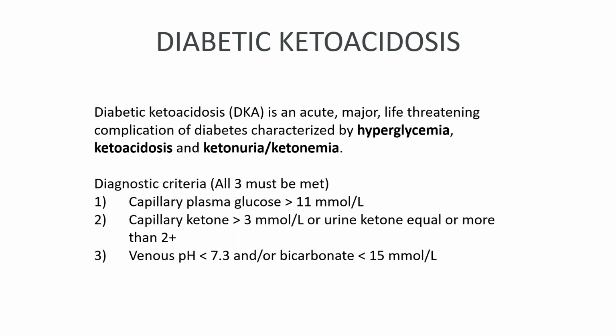So the diagnostic criteria, as I've mentioned earlier, there are 3 diagnostic criteria, and all 3 must be met in order for us to say that the patient is having DKA. All right. So the first one will be capillary plasma glucose more than 11. Second one, capillary ketone more than 3, or urine ketone equal or more than 2, and venous pH of less than 7.3, and or bicarbonate less than 15.